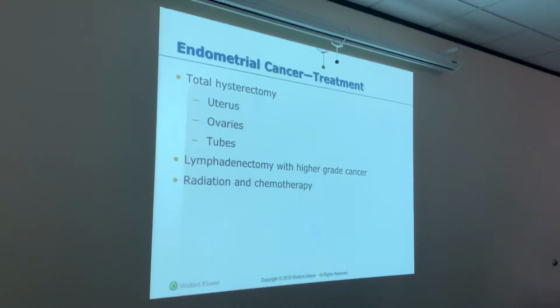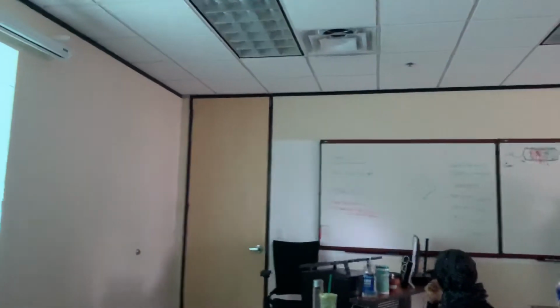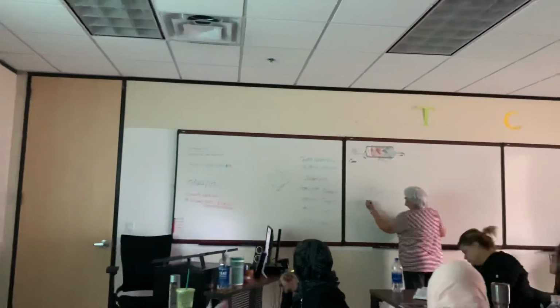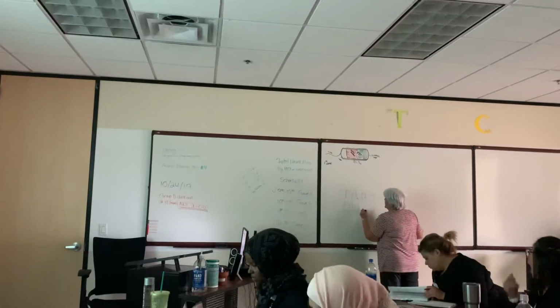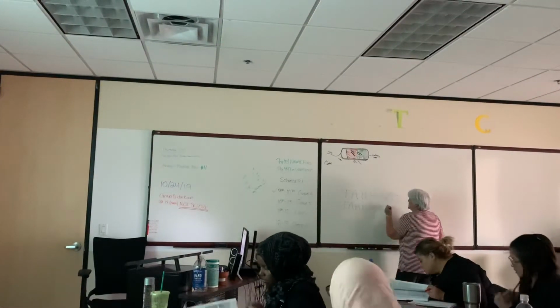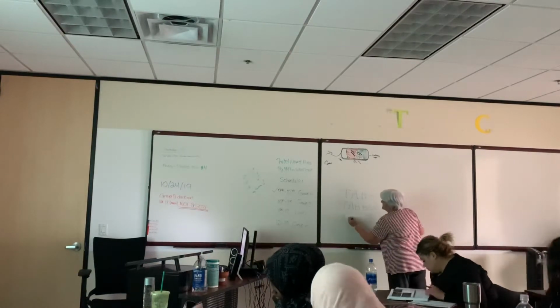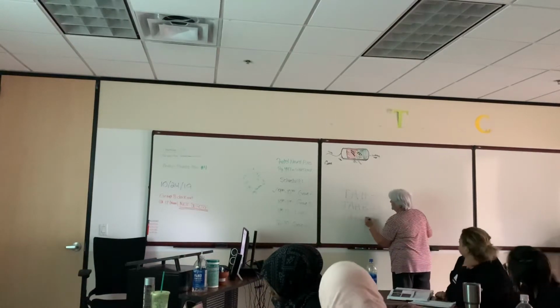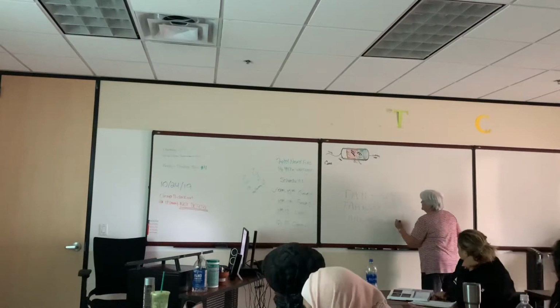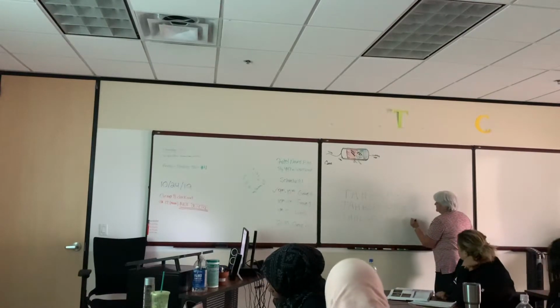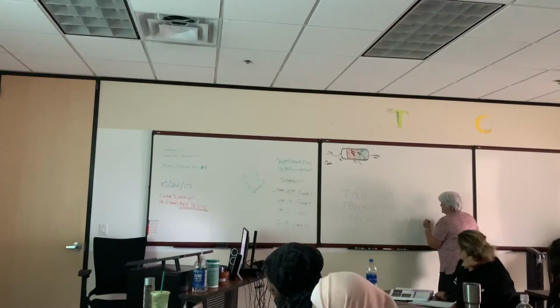TAH, total abdominal hysterectomy: I've had my uterus removed. TAHBSO: I've had my uterus and my ovaries removed. TAHLSO: I've had my uterus and my left ovary and tube removed.